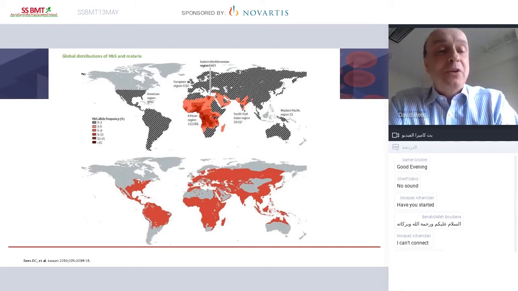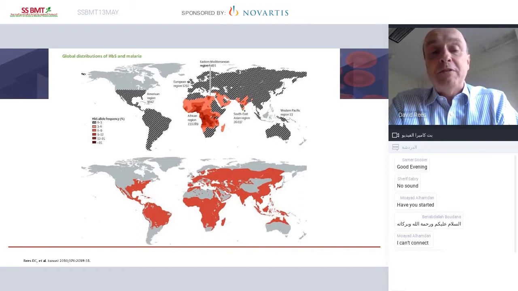The bottom map shows the distribution of malaria, which is one of the strands of evidence for the well-known effect that sickle cell is so common because being a carrier in fact protects you against malaria to a remarkably high extent, and in malarious countries also provides quite a lot of other advantages in terms of protection against other infections. So the overall selective advantage of being a sickle carrier in malarious areas is very high.